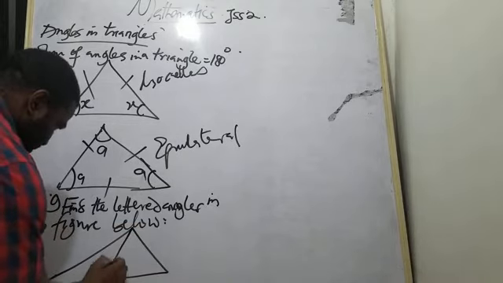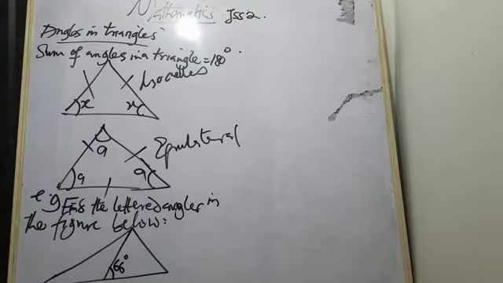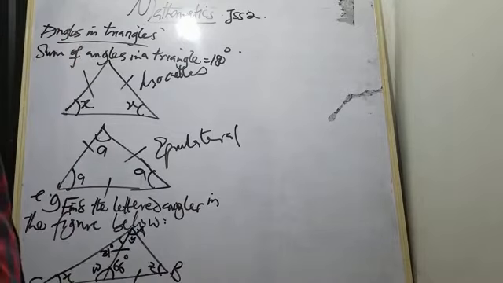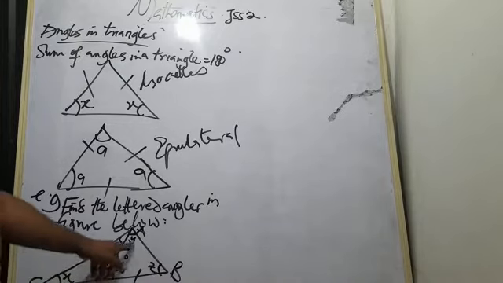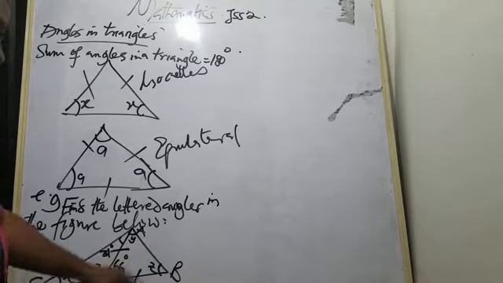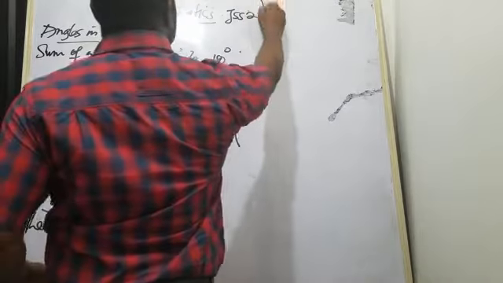This is 66 degrees. Find the lettered angles in the figure below. You have X, Y, Z, W. These are the letters that you need to get, okay? How do you get all this?